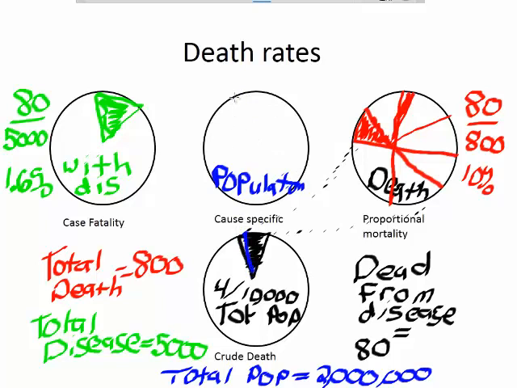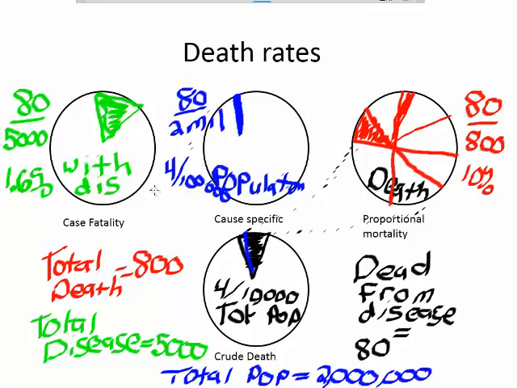So it's only going to be just a little bit of the total population that is really affected by this disease. We calculate that by taking 80, dividing it by 2 million, and that's going to give us 4 per 100,000. So very few people in the population are affected by this or die from it.